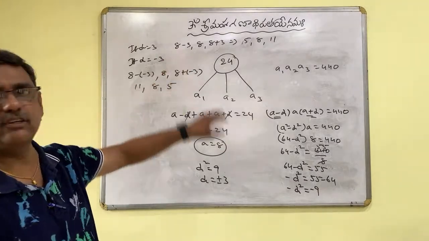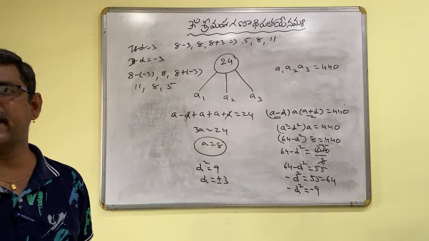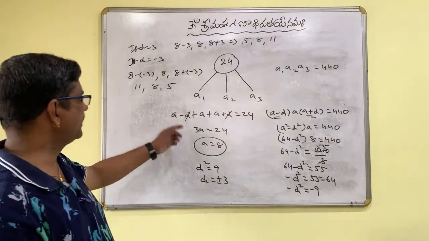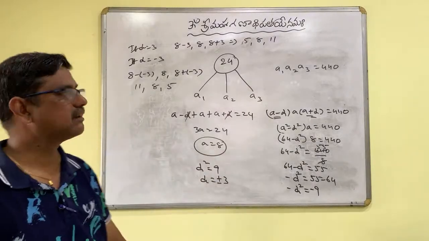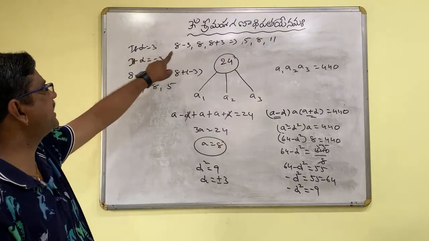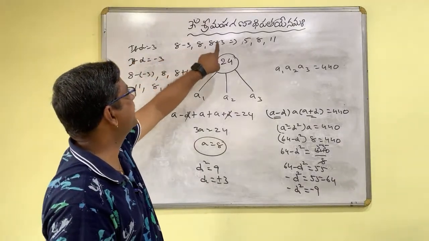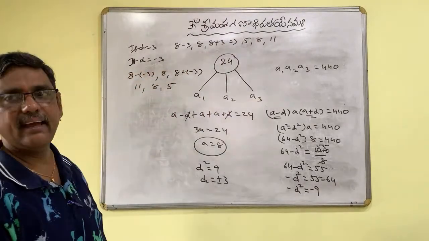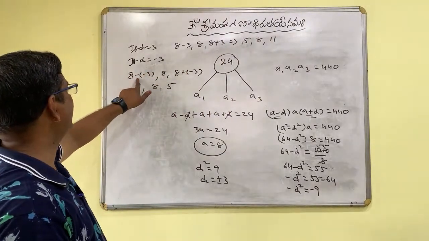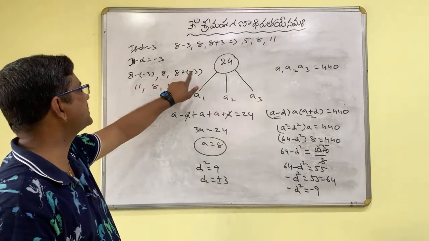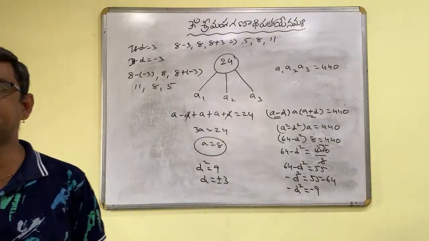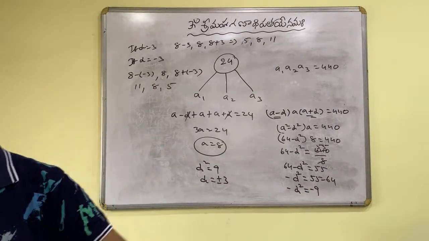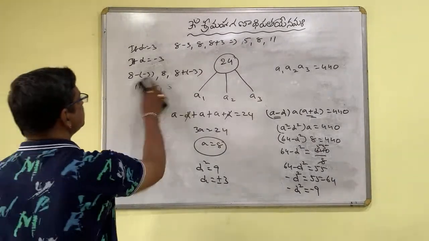A minus D, A plus D. A is 8, D is 3, so 8 minus 3, 8, 8 plus 3. If D is minus 3, A minus D, A plus D, whichever way you do it, your values will be the same. Okay? Go ahead to the next part.